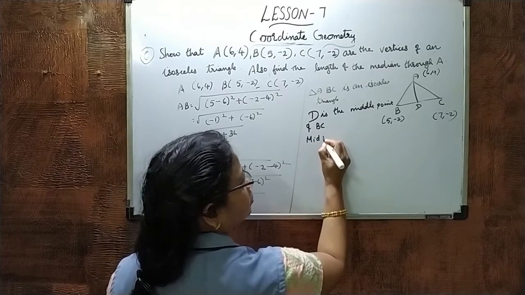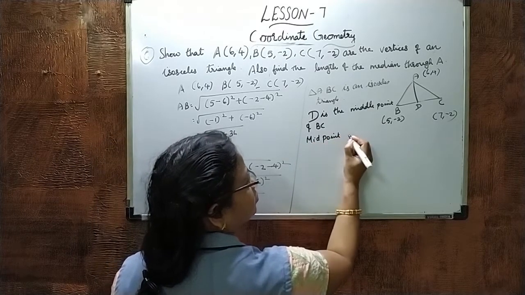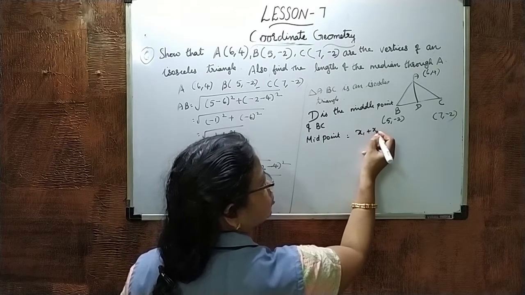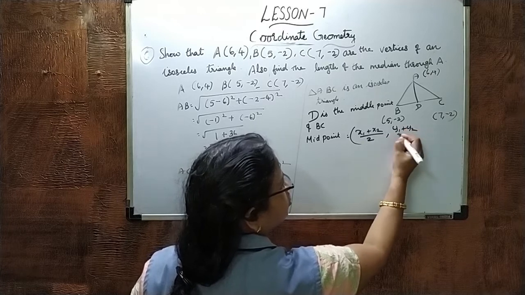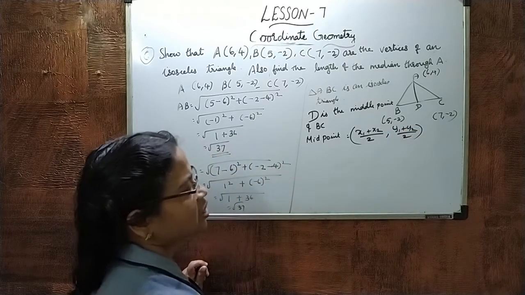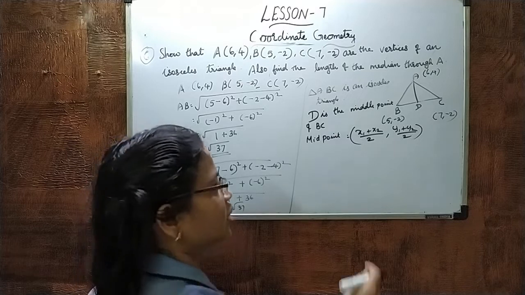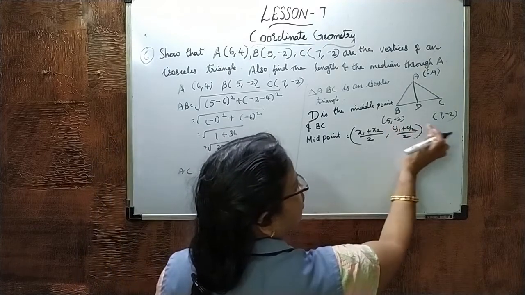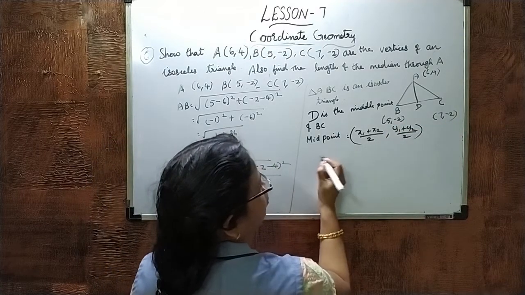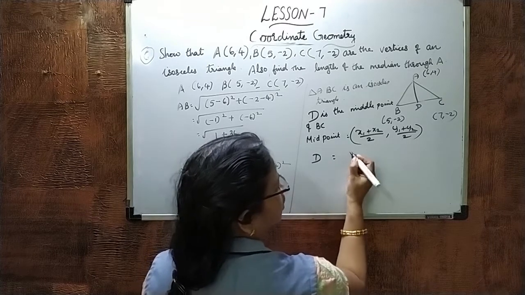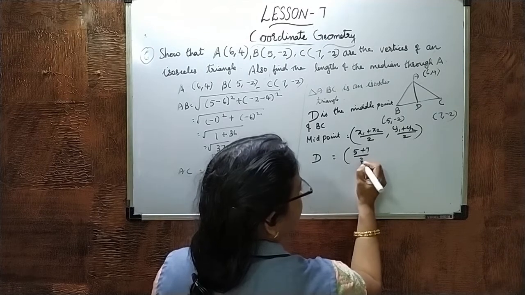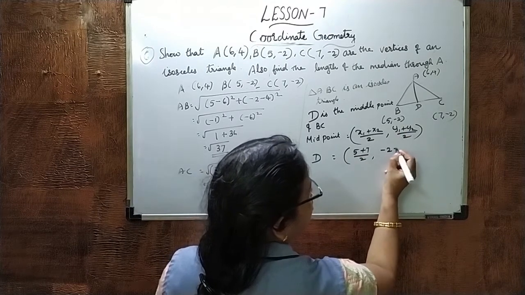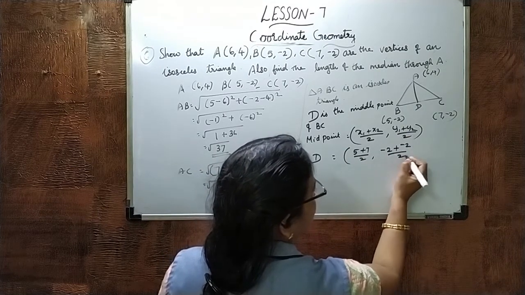Midpoint is equal to, what is the formula for that? x1 plus x2 by 2 and y1 plus y2 by 2. So what is the x1 and x2? Here this one is x1, y1. Here it is x2, y2. So D is equal to 5 plus 7 divided by 2 and negative 2 plus negative 2 divided by 2.